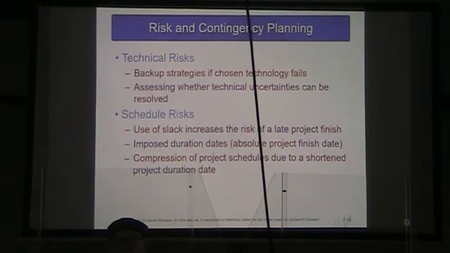We may have compression of our project schedule due to a shortened project duration date. Our competitors announced they're going to bring out their product at such and such a date. It's a month earlier than our project was supposed to be finished with a similar product, and all of a sudden we're scrambling and trying to shorten our time so that we can announce first.